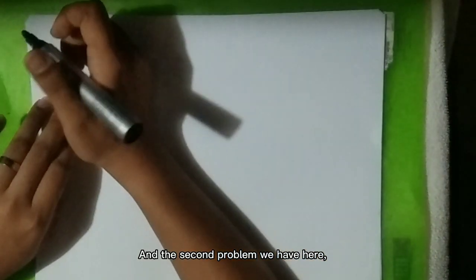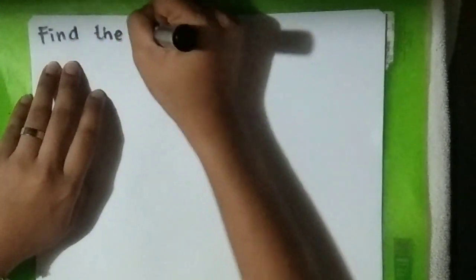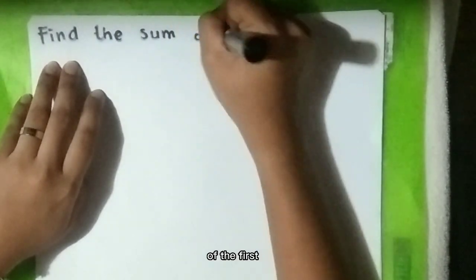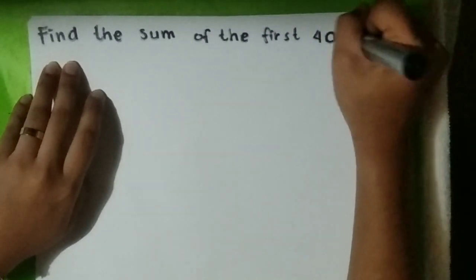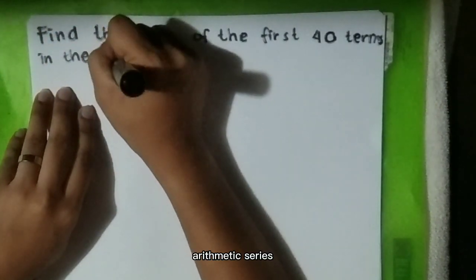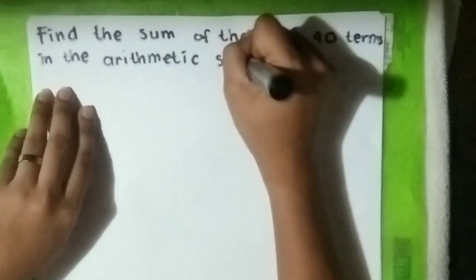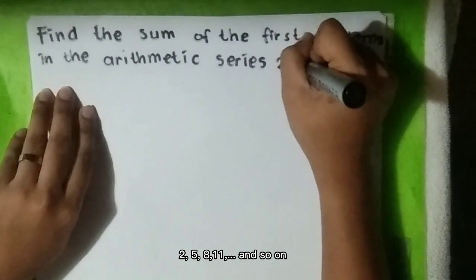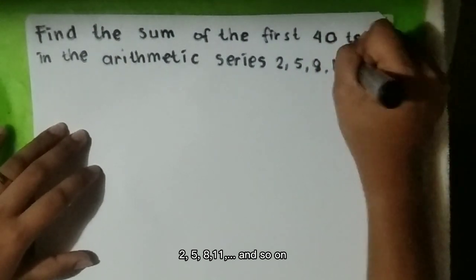In the second problem, we have: find the sum of the first 40 terms in the arithmetic series 2, 5, 8, 11, and so on.